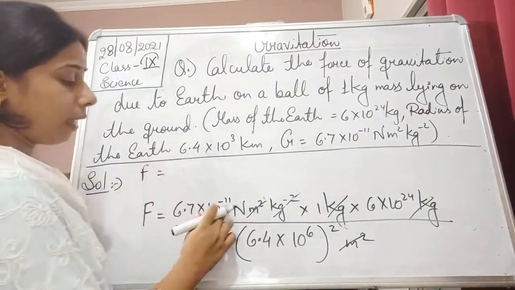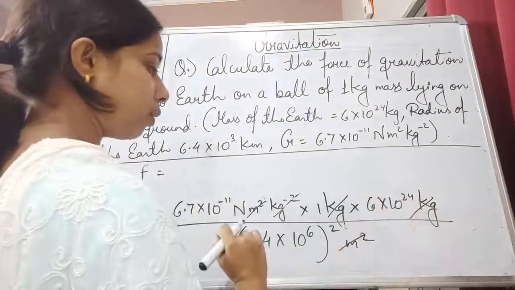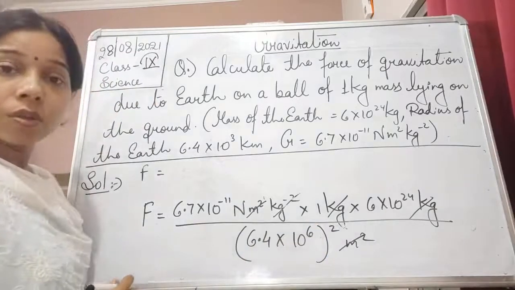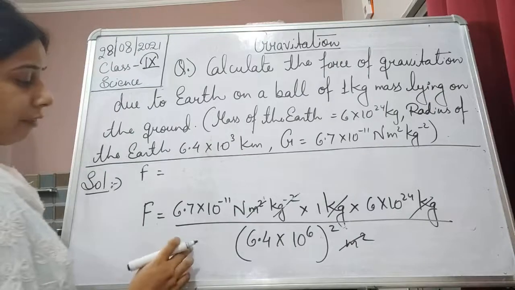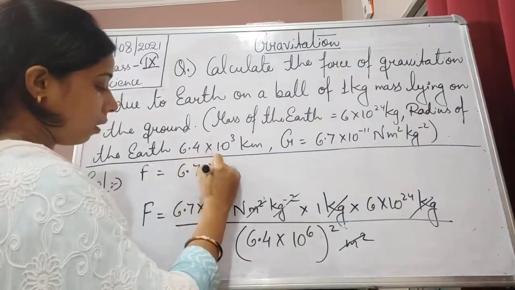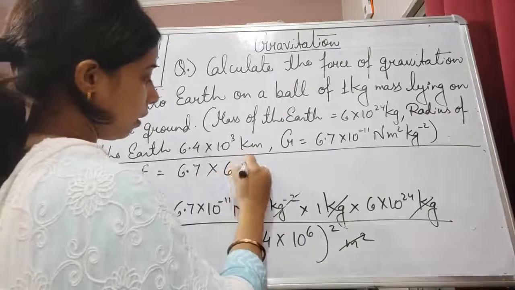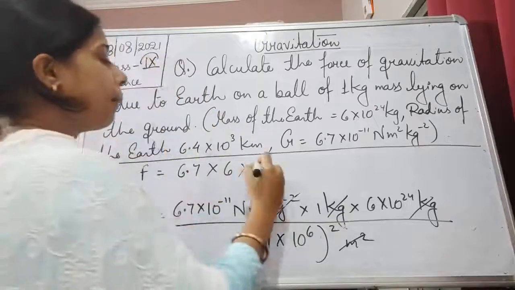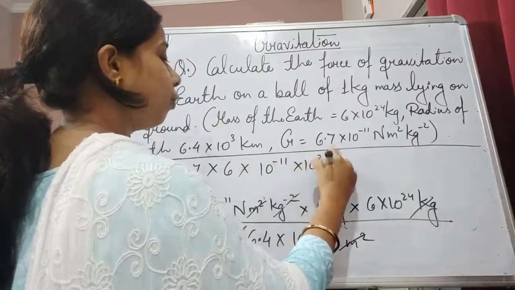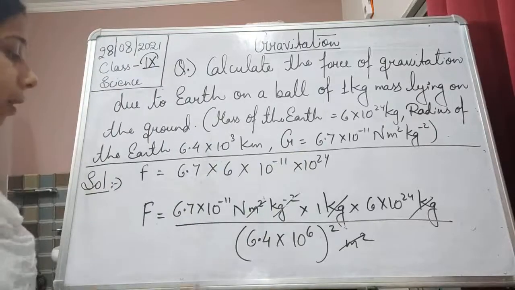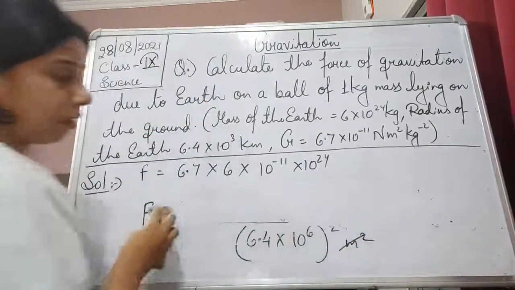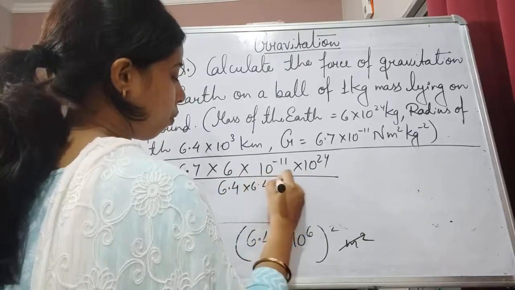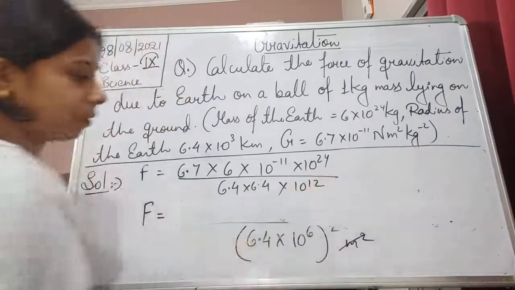So you can see F is equal to 10 to the power minus 11 and 10 to the power 24 is there, student. So F will be equal to 6.7 into 6 into 10 to the power minus 11 into 10 to the power 24, divided by 6.4 into 6.4 into 10 to the power 12.